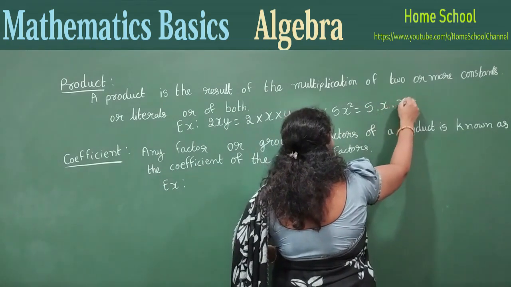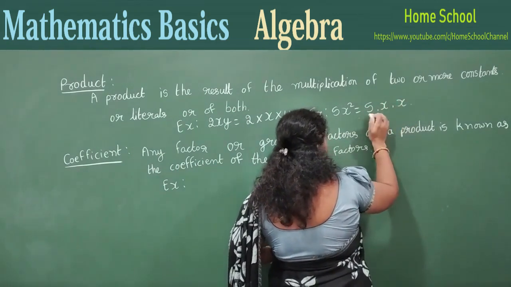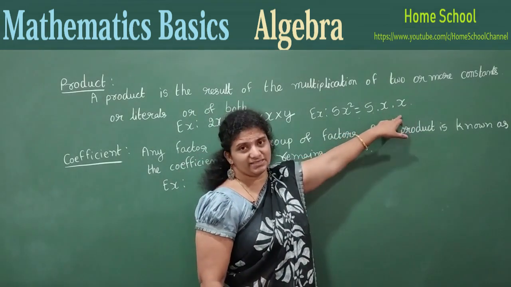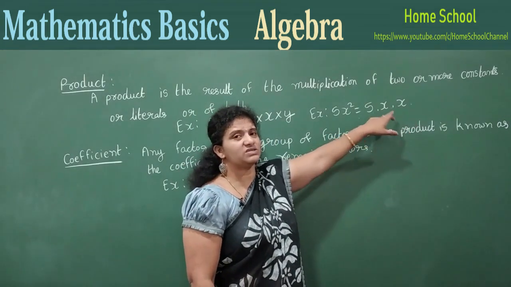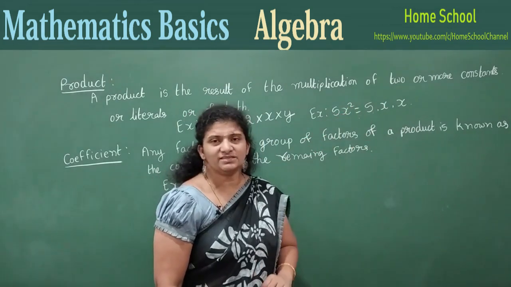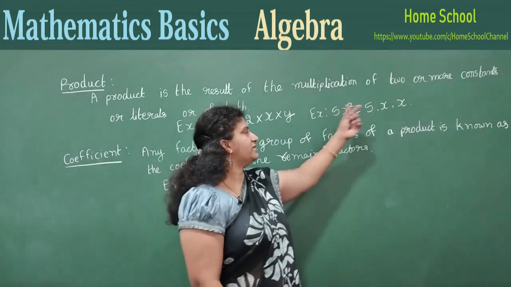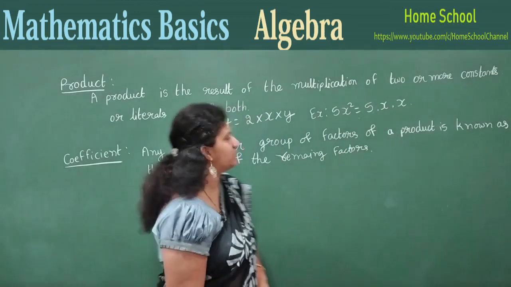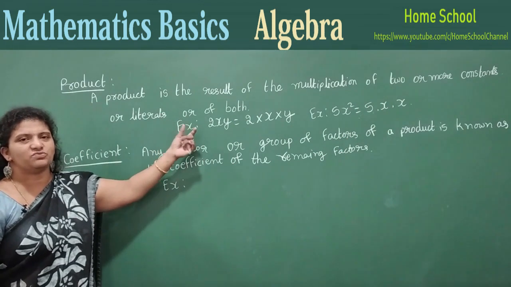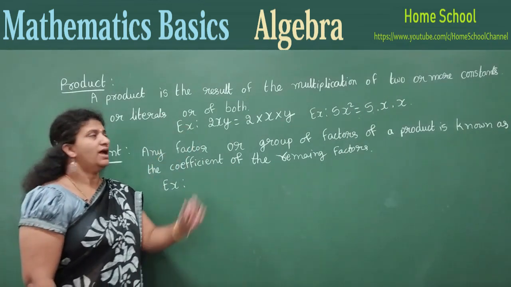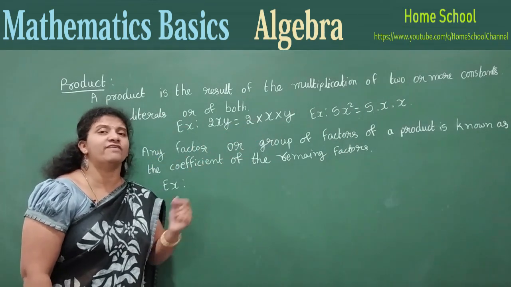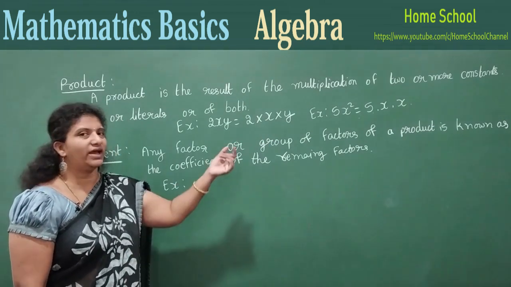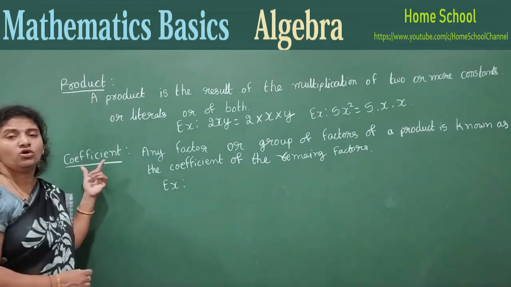If two same literals are multiplied, x into x, we get x square. 5x square is a product of these constants and variables. When we multiply these, we get the product, and those are called the factors. If we multiply the factors, we are going to get the product.